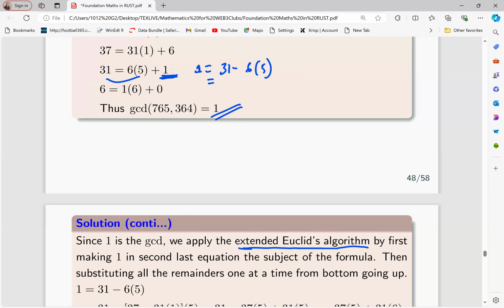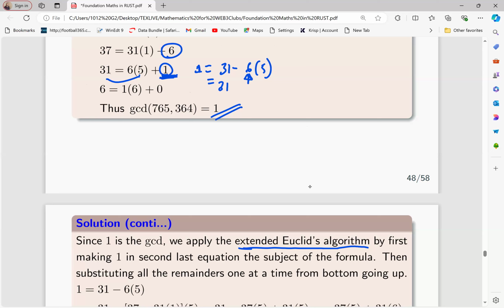So you make 1 the subject of the formula, and then substitute. You can see that's what I had done. 1, when you substitute, is equivalent to 1 minus that. Now, this is the remainder here. The next remainder is 6, which is here. You also substitute it.